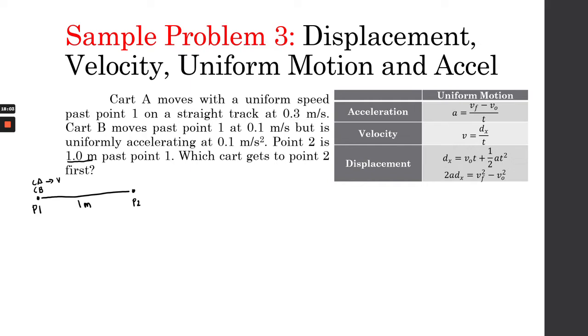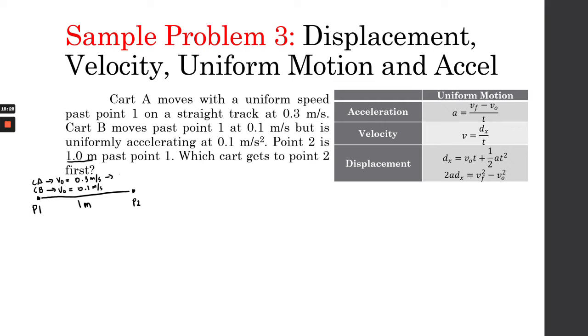You can treat this as the initial velocity at point 1. While cart B, when it passes point 1, is at a speed of 0.1 meters per second. So the initial velocity of cart B is 0.1 meters per second.